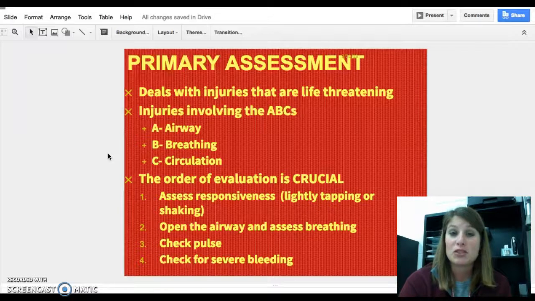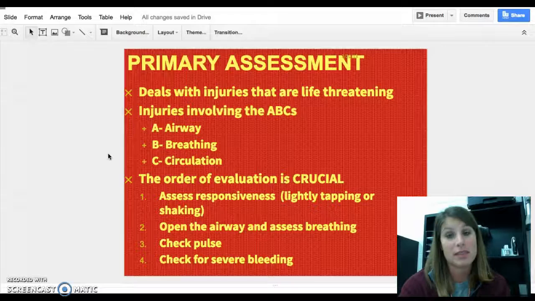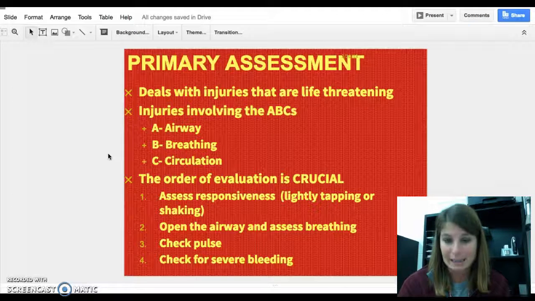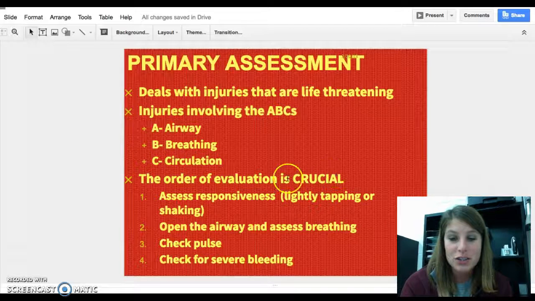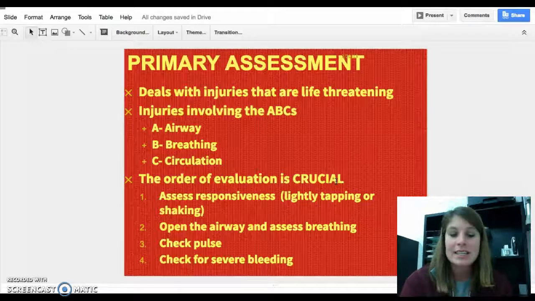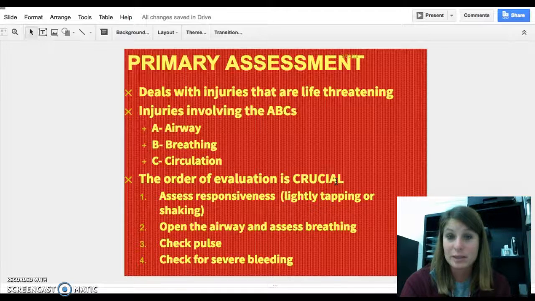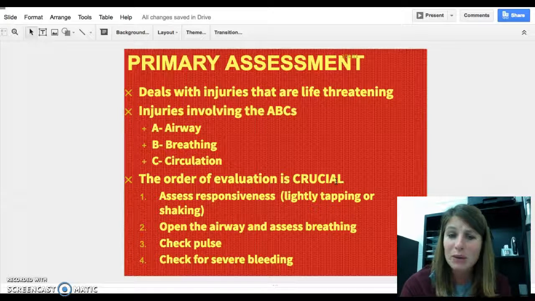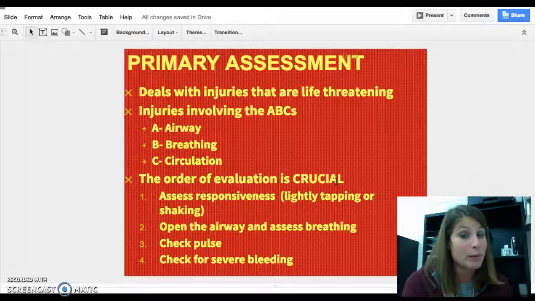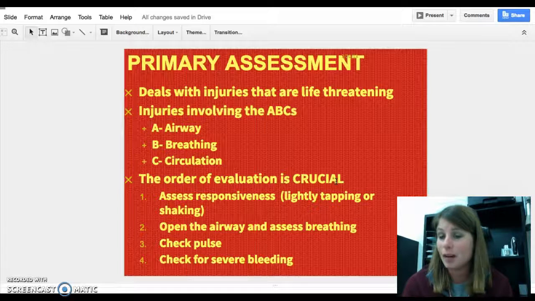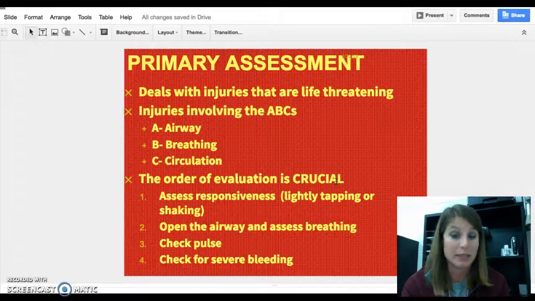So we want to make sure that we establish what's going on with these three areas immediately. The order of evaluation is crucial, and what that means is it's more important to figure out what's going on with the airway, breathing, and circulation over something small like a broken bone or a cut, a wound that they're bleeding from.